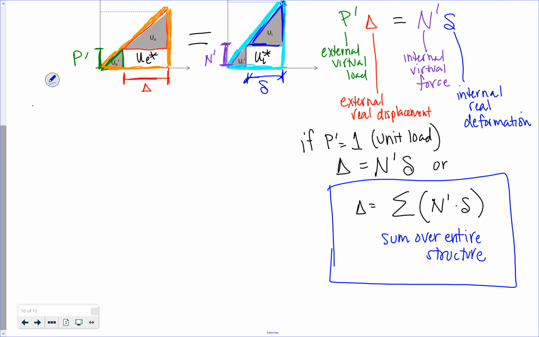The stars, UE star and UI star, represent the work done by the load that's already applied due to the additional deformation applied by the second load.